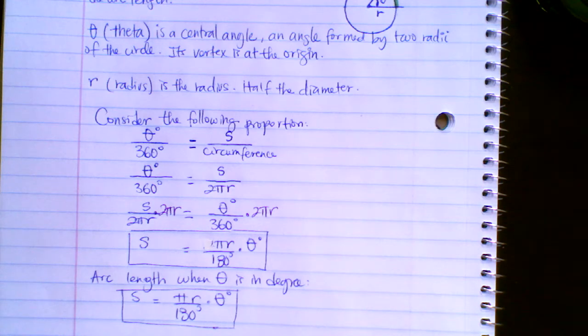Option A: theta, a central angle formed by 2 radii of a circle, where its vertex is at the center. Option B: r is the radius or half the diameter. Option C: an arc of a circle is a portion of the circumference of a circle. The letter S is used to represent the arc length.